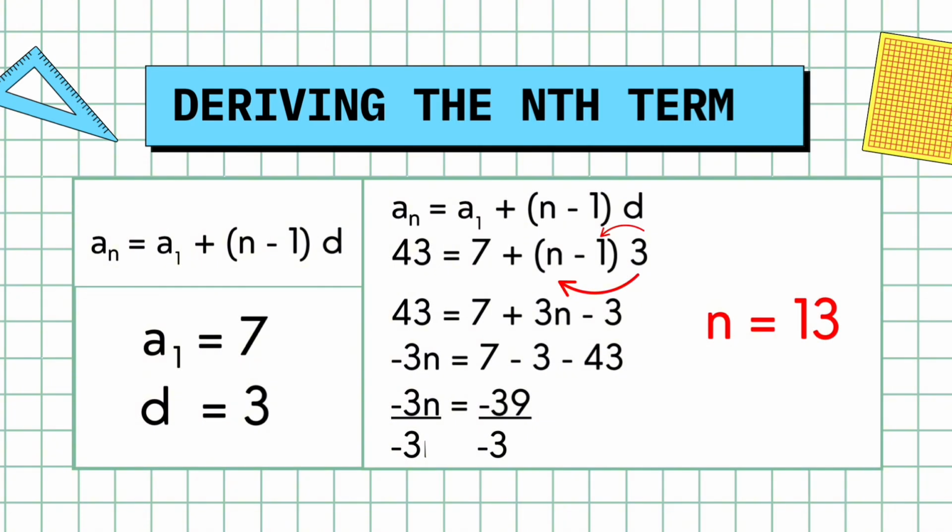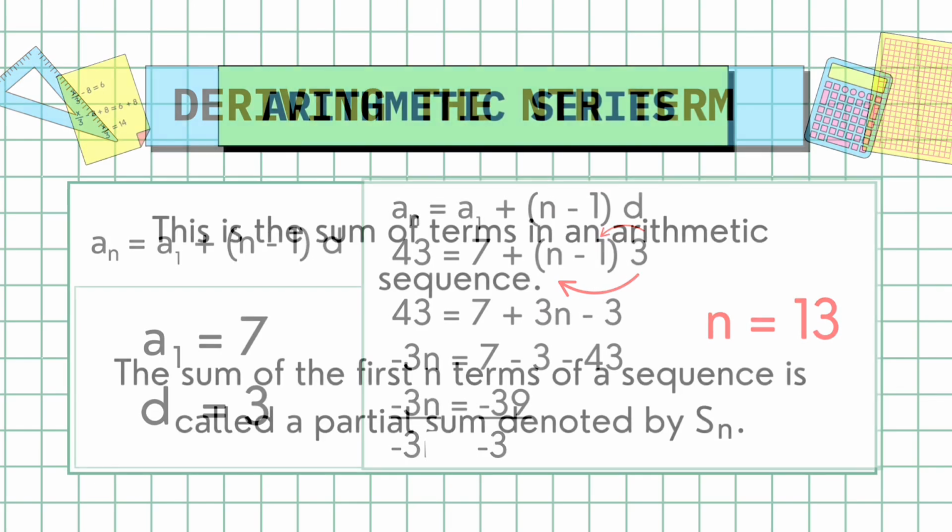Negative 3n is equal to 7 minus 3 minus 43, so we get 4 minus 43, which will give us negative 39. And then we divide both sides by negative 3 to cancel out n, and therefore we will get n equals 13, so 43 is the 13th term of this sequence.